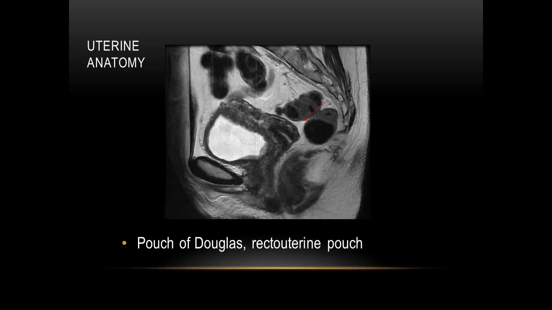There is a peritoneal reflection on the uterus, and it goes down to the uterus and reflects between the uterus and the rectum, and this space is known as the pouch of Douglas or the rectouterine pouch.